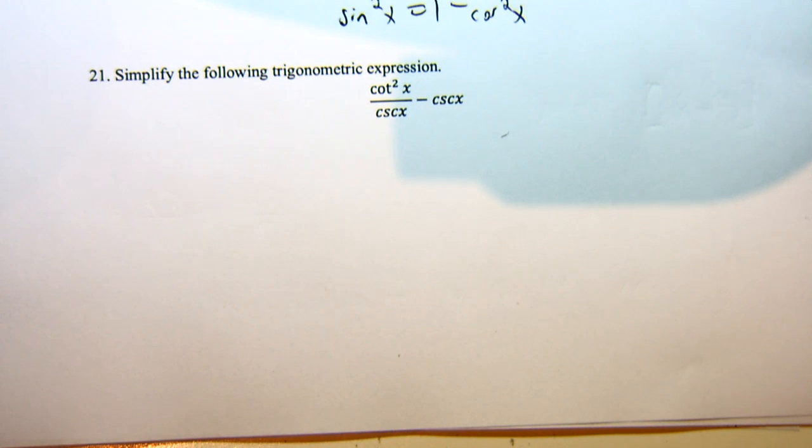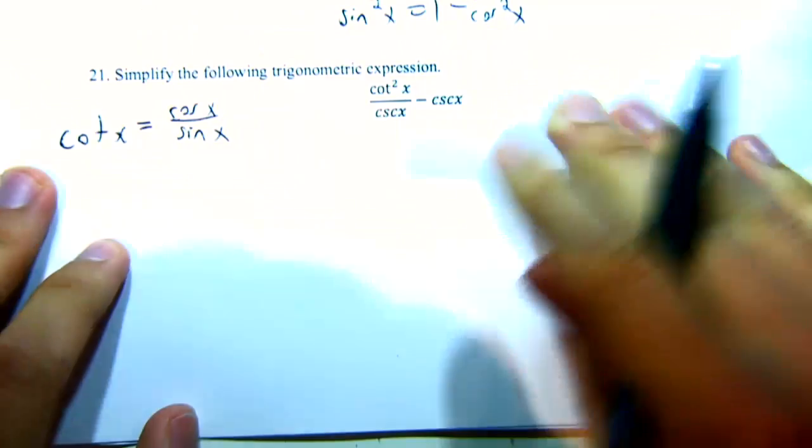So question 21, we want to simplify the following expression. And so to go about this, we want to use the identities we know. Tangent x is just equal to cosine x over sine x, cosecant x is equal to 1 over sine x.